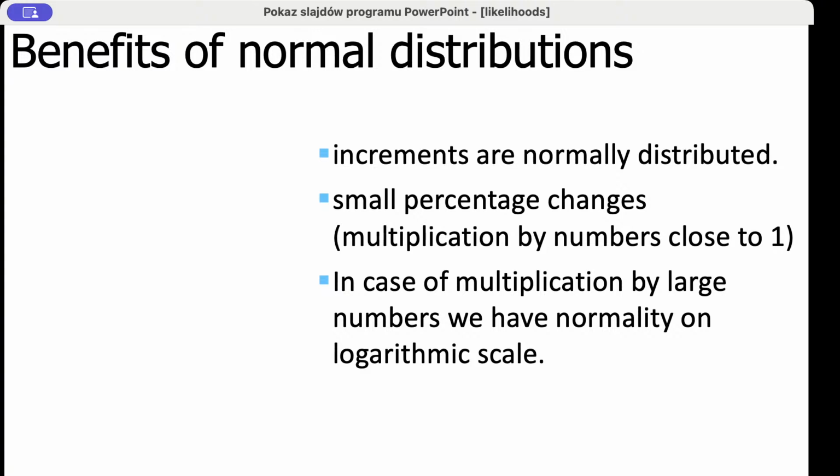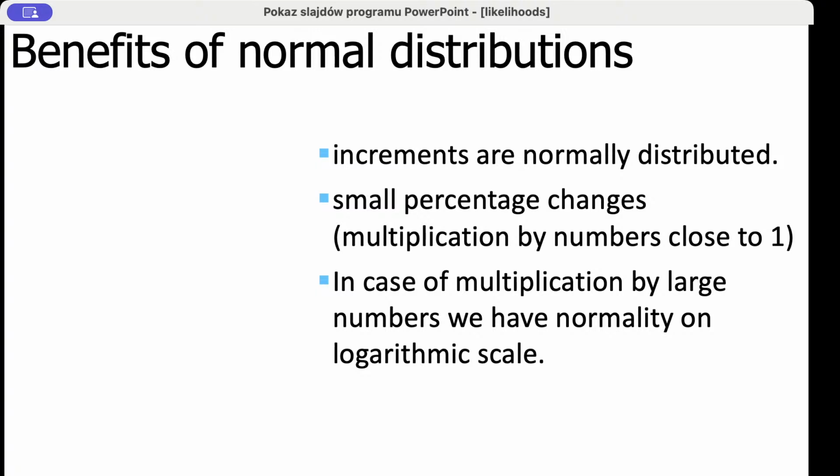However, in case of large multiplication, so multiplying by large numbers, where our final value is a result of multiplication of numbers not close to 1, then of course this is not normally distributed, because the normal distribution only works for increments, and multiplication by large numbers is not an increment.